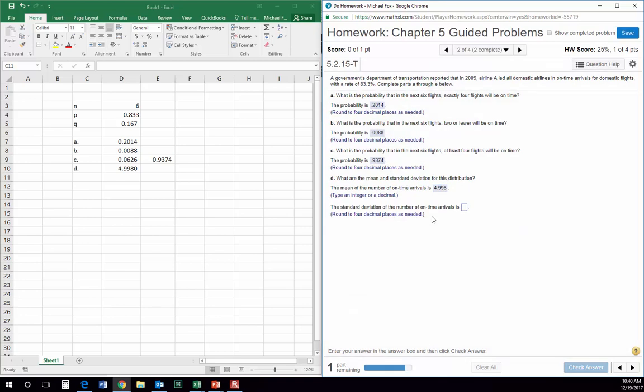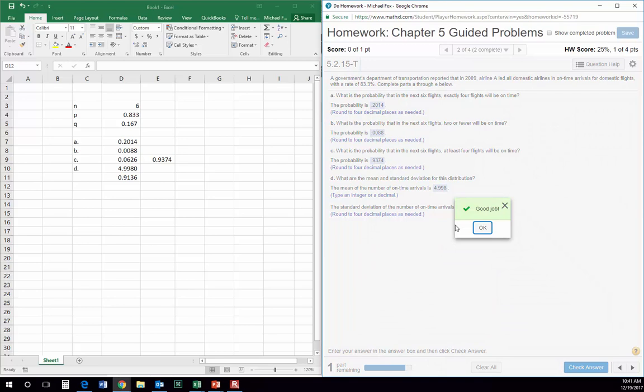And then to find the standard deviation, the formula for that is the square root of NPQ. So equals the square root of N, which is the number of trials, times P, which is the probability of success, times Q, which is the probability of failure. There's our standard deviation.